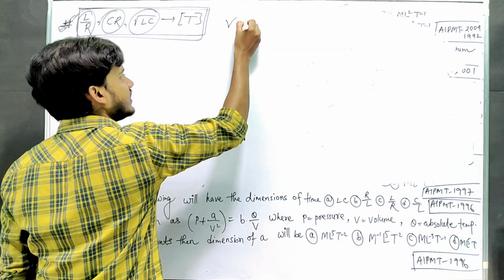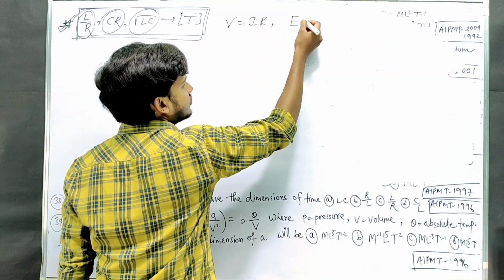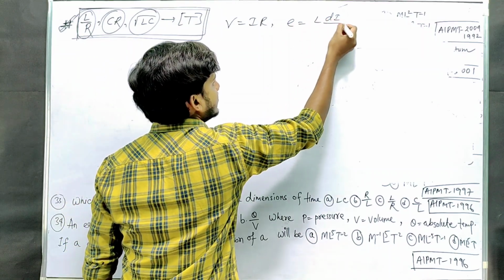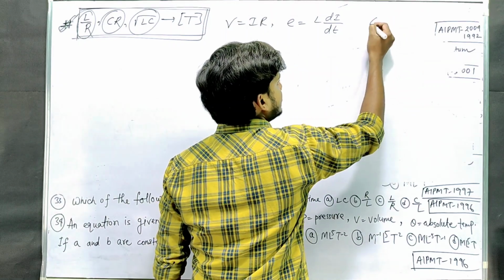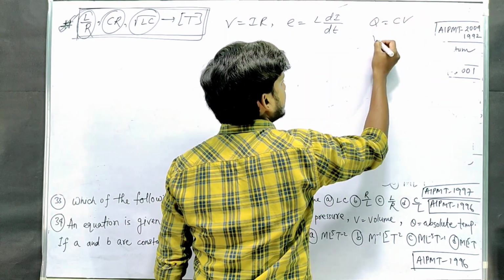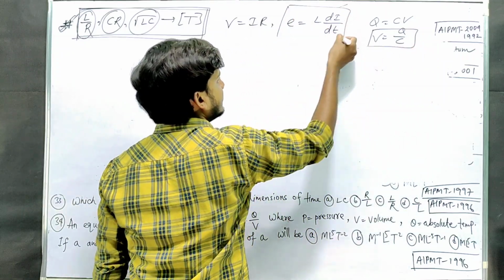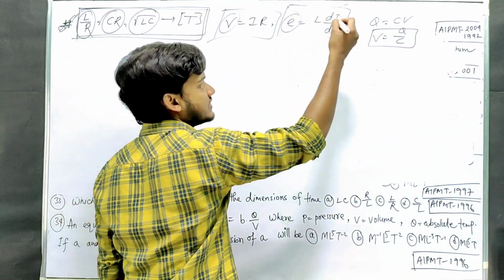We know that V equals IR, yes or no? We know induced electromotive force E equals L di by dt, yes or no? We know Q, charge, equals capacitance into voltage, so V equals Q by C. There are three relations, all voltage.